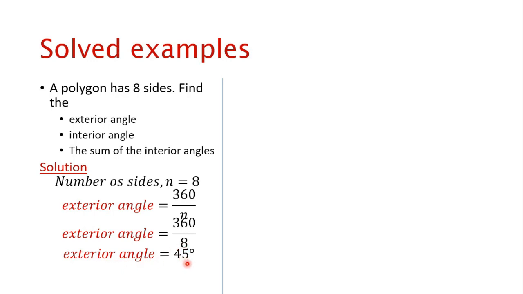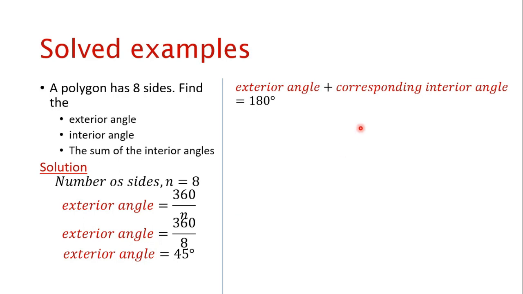So how do we find the interior angle? We don't know the sum of interior angles. Note, we know that exterior angle plus corresponding interior angle gives us 180 degrees. So if we know the exterior angle to be 45 degrees, and summing that to one interior angle gives us 180, we can find the interior angle.